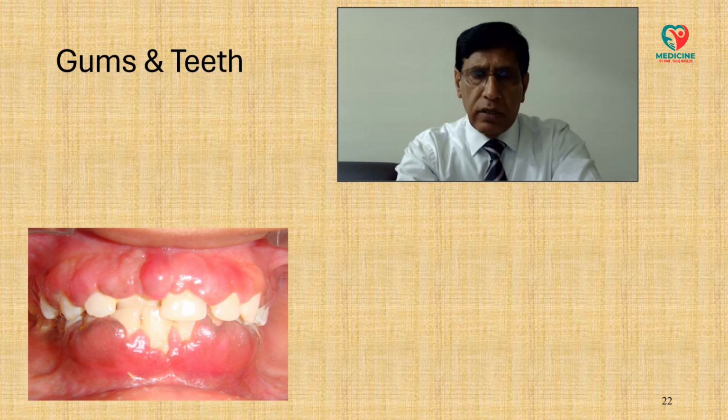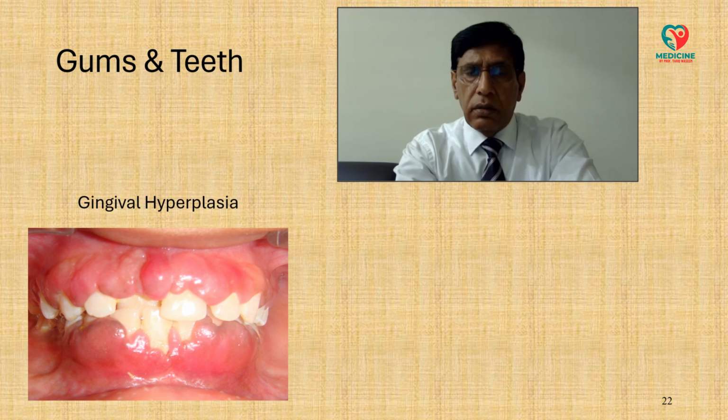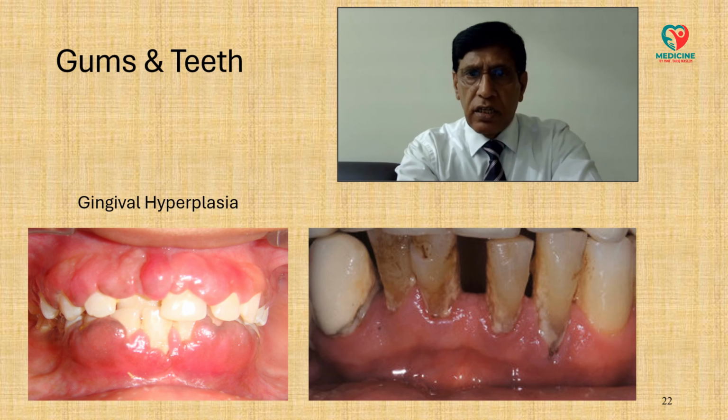Moving on to the gums, this classical hypertrophy of the gums can be a manifestation of some drugs like phenytoin. It can be a manifestation of some hematological disorders or malignancies.